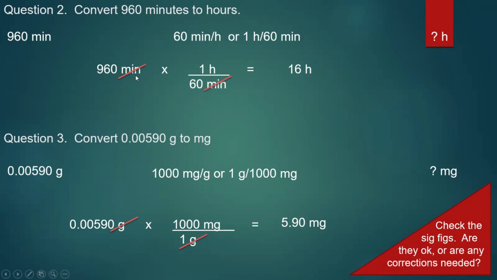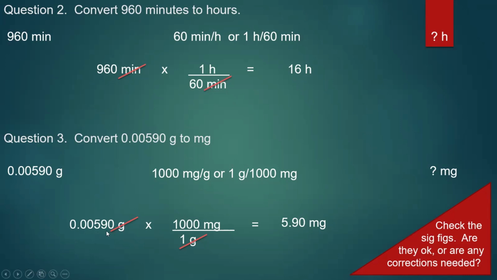We've got 960 minutes. So this 0, since there's not a decimal after it, only counts as 2 significant figures. Okay, the rest are definitions. And our answer only has 2 significant figures. So we're okay here. We don't have to make any changes. Now this one, how many significant figures does this number have?